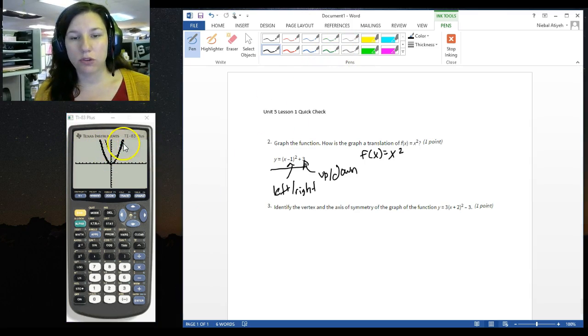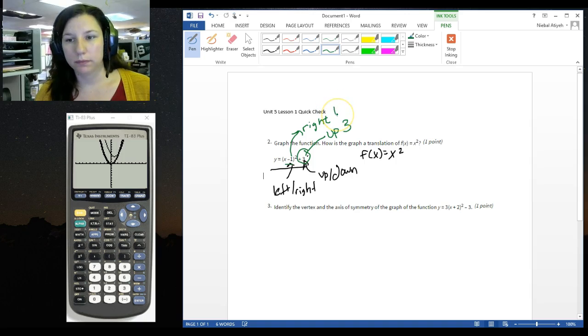In dark, I have my original. The new graph has moved up. So this is confirming that the positive 3 is going to move it up 3. And then it moved to the right. So having the x minus 1 has moved it to the right 1.